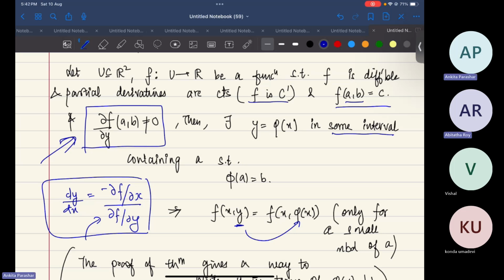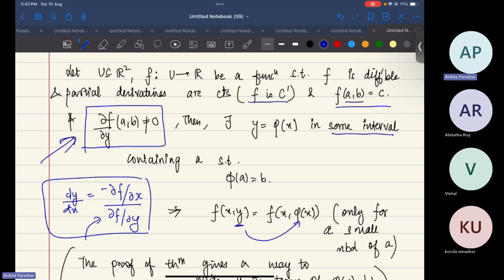So what I want to say here is that this whole theorem says that if the function is differentiable and its partial derivatives are continuous, then assuming that the partial derivative is non-zero, in a certain interval you can write your function f(x, y) as f of x comma phi x for some phi as a function of x.